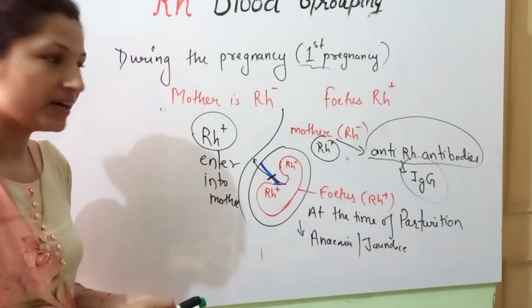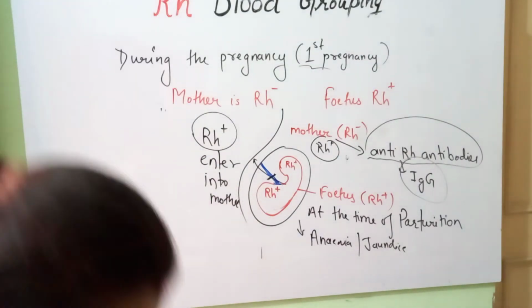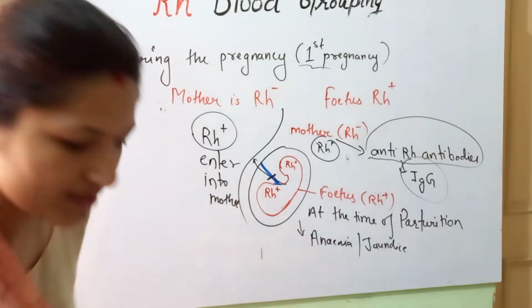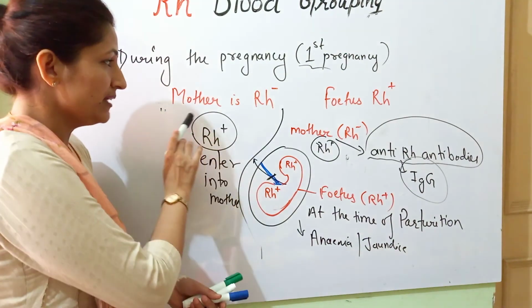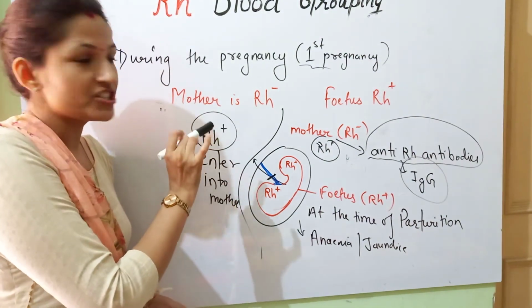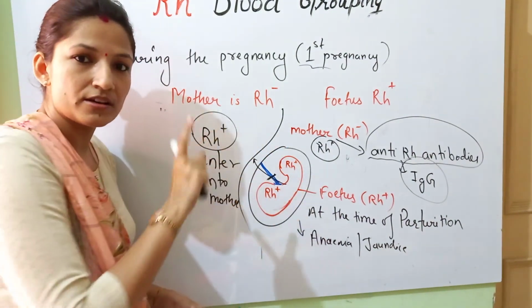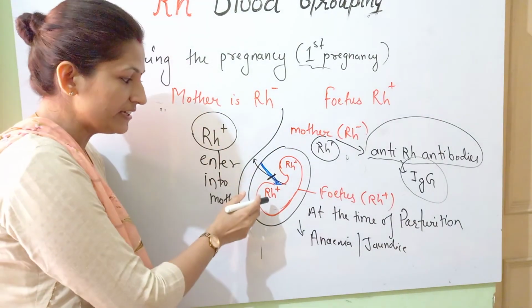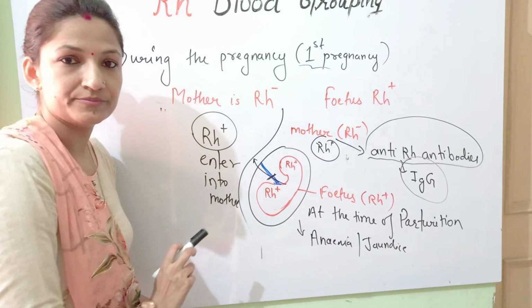Got it? But what could be the result if this lady, let me repeat what we are discussing. A mother who is having a blood group which is not containing Rh antigen, that is Rh negative, and the fetus is having Rh positive.